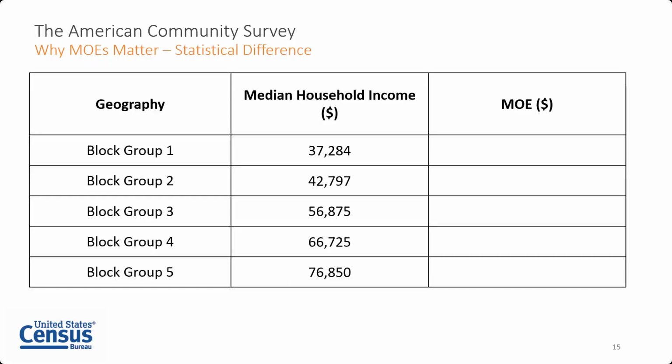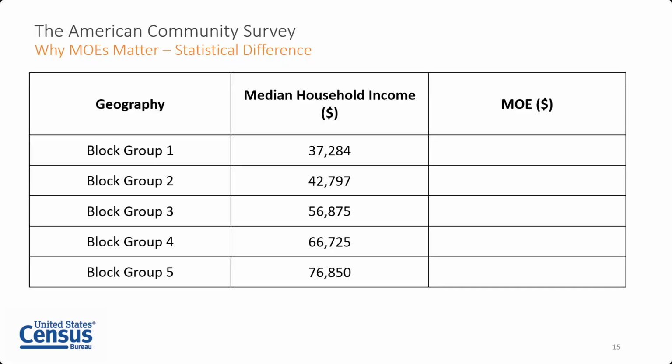The MOE can also allow you to see if there is enough evidence to conclude the estimates are statistically different from one another. So as an example, let's compare that hypothetical block group we just looked at to 4 more hypothetical block groups.